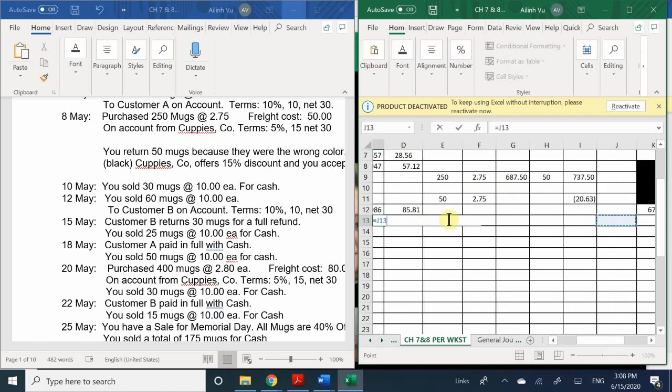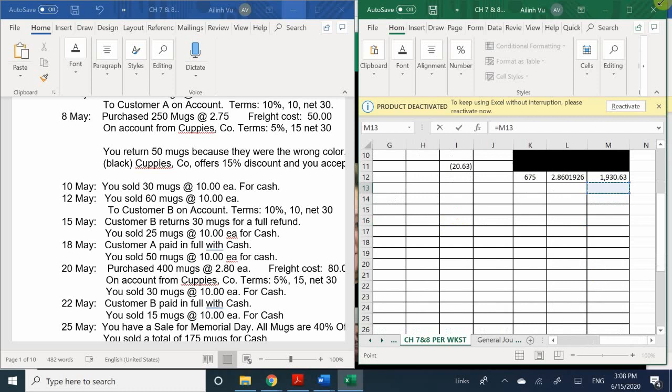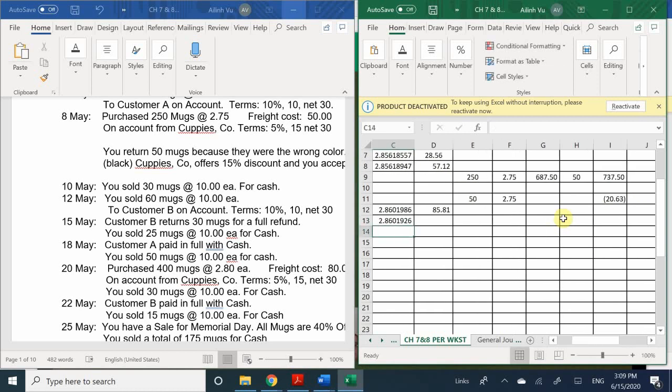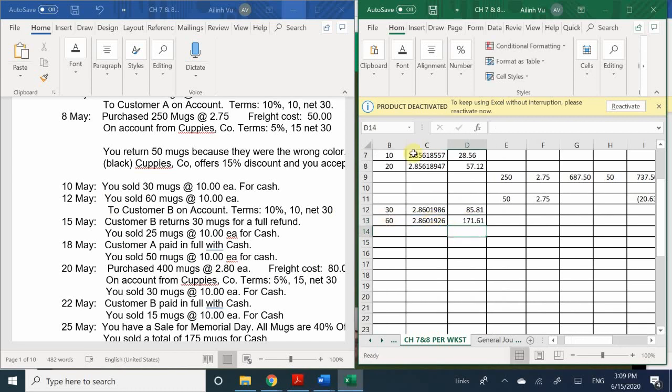So how much does it cost for me to sell each item? The 2.8, that one. Yeah, 2.8601. So I have that here. Okay. And then I'm going to multiply the two, and I get 171 and 61 cents.